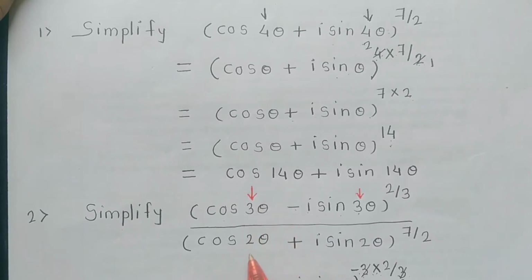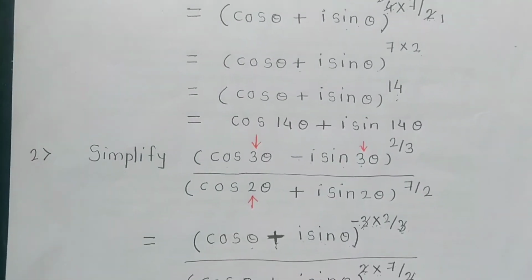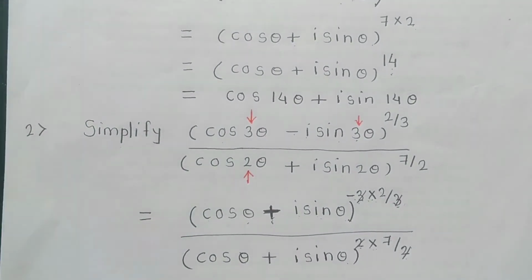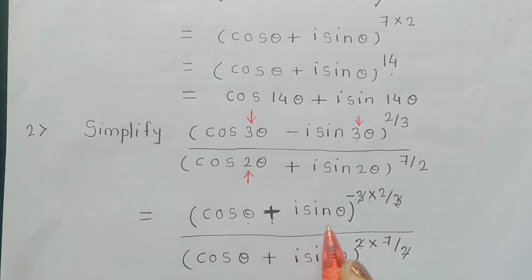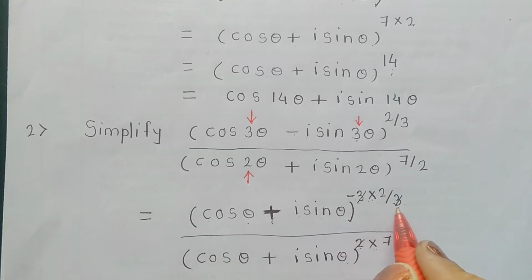In the denominator the value of n is 2 here, so we simply write in terms of De Moivre's theorem like this. So we get (cos θ + i sin θ)^(-3 × 2/3), and in the denominator (cos θ + i sin θ)^(2 × 7/2).